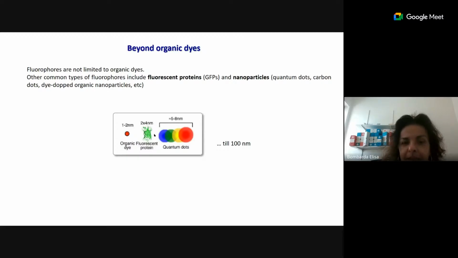But here it is used as an extrinsic probe. And nanoparticles, like for example the quantum dots. In this case, you have to take care that the dimension of the probe increases quite a lot in comparison to the organic dye.